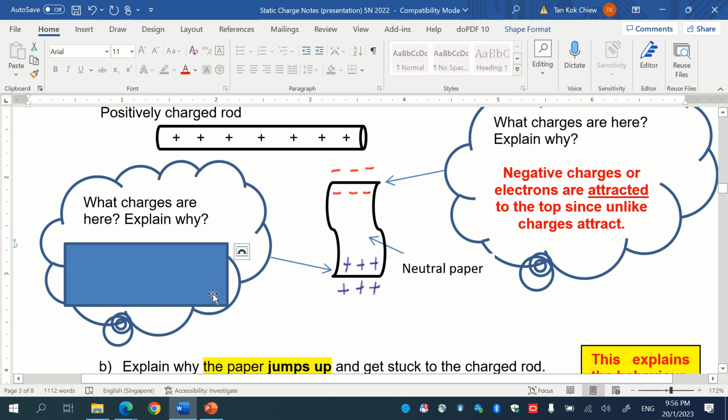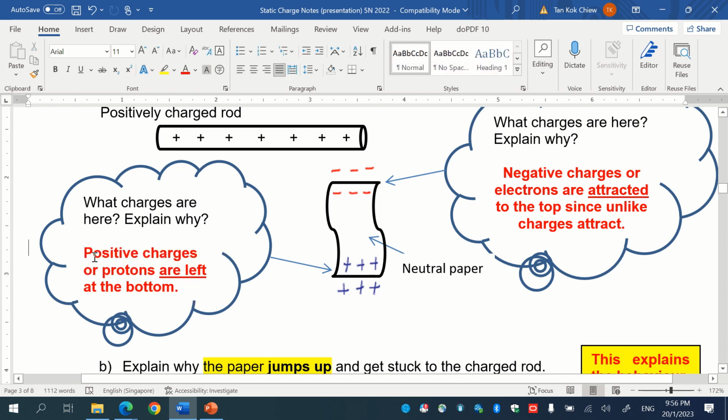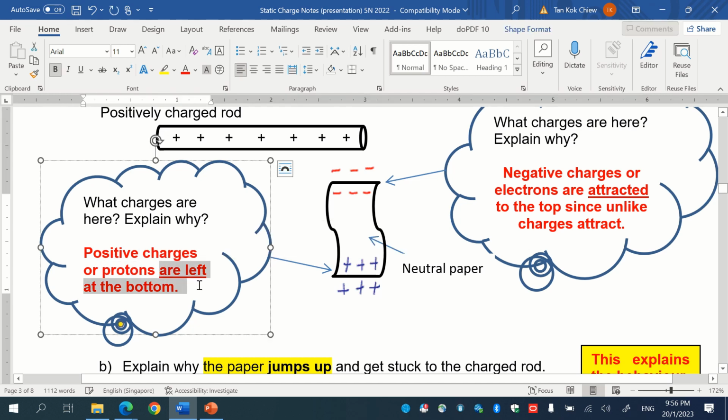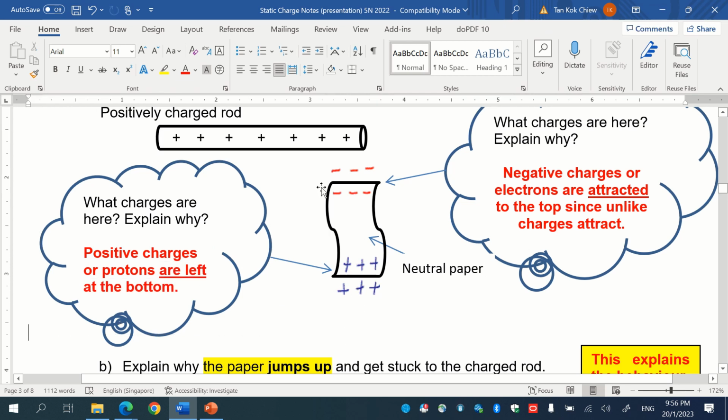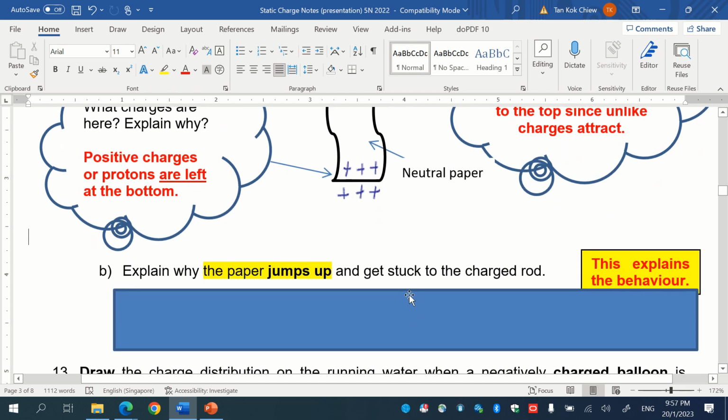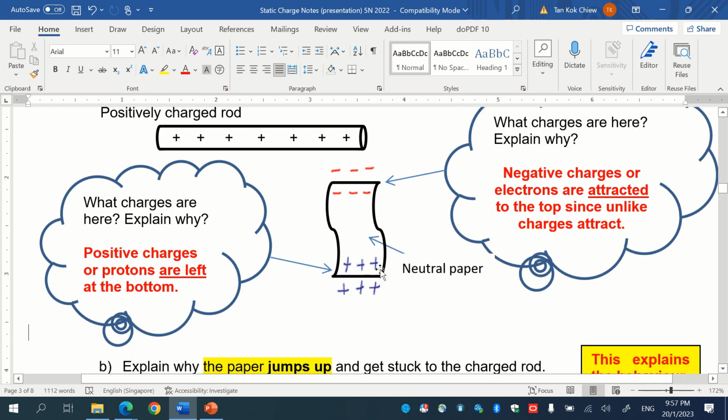So the way to explain this is the positive charges, or protons, are left at the bottom. Remember, you cannot say positive charges are repelled to the bottom because positive charges don't move. Only the electrons move in the atom. Okay, so that's one example of an O-level question.